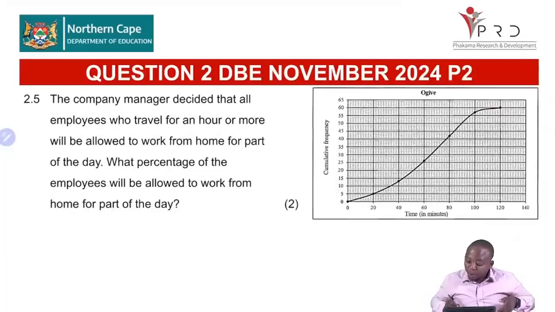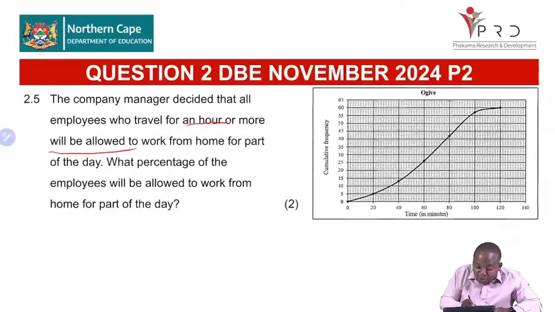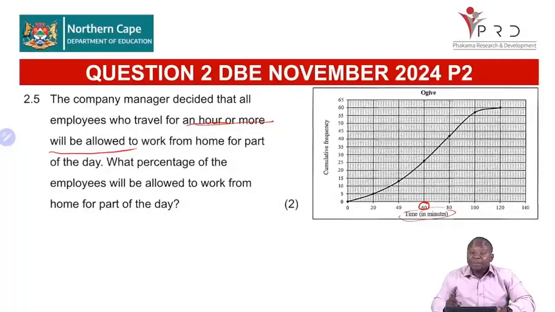So now, what are we saying here? Let's read again. The company manager decides that all employees who travel for an hour or more, so those who travel for an hour or more, we're going to go to our OGIVE curve. So on our time in minutes, an hour or more is going to be 60. Remember, 60 minutes is 1 hour. So those employees, it's 22, 25, 26.